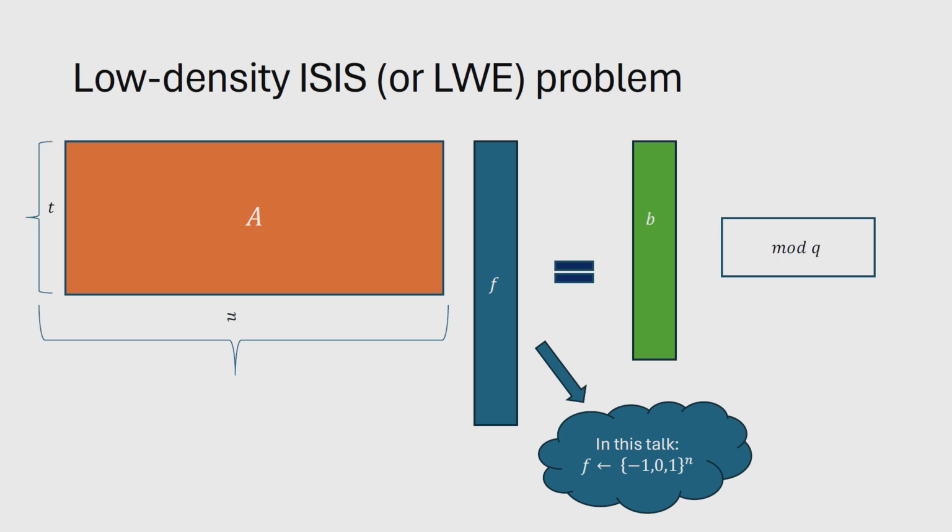Given a fat matrix A and a vector b, which is basically A times some small vector little f, mod q, the problem asks to find this small vector f. So in this talk, I will be mainly focusing on f where the coefficients are between the interval -1 to 1.